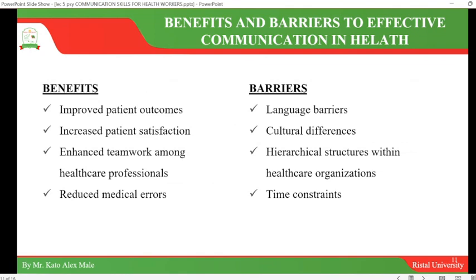However, since there is hierarchy in the organizational structure, you have to pass through certain administration levels to reach the executive director. You find out that by the time the communication reaches the director, it's not much essential. Most of these levels have been trying to omit some steps. So such hierarchical structures in organizations also present a barrier to effective communication in healthcare.